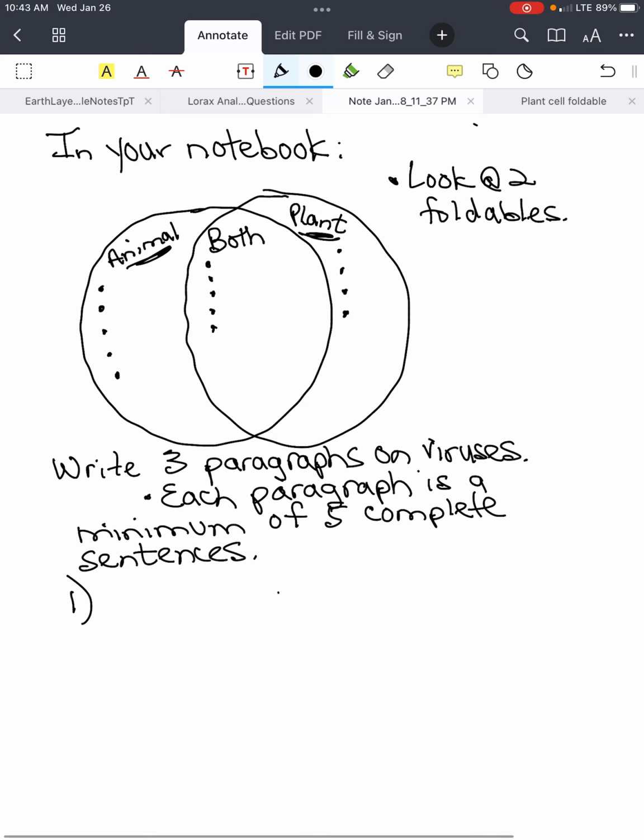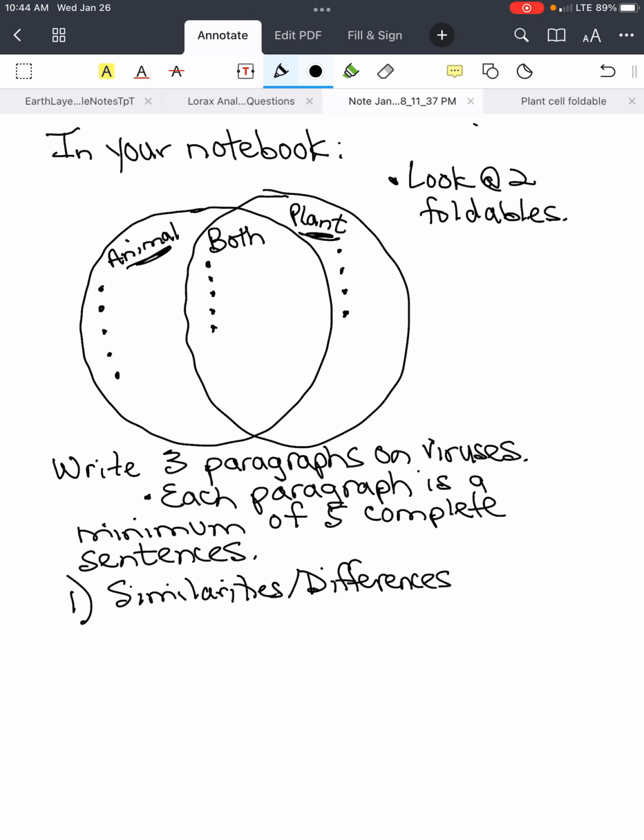So your first paragraph, I want you to discuss the similarities and differences between cells and viruses. We've covered this.